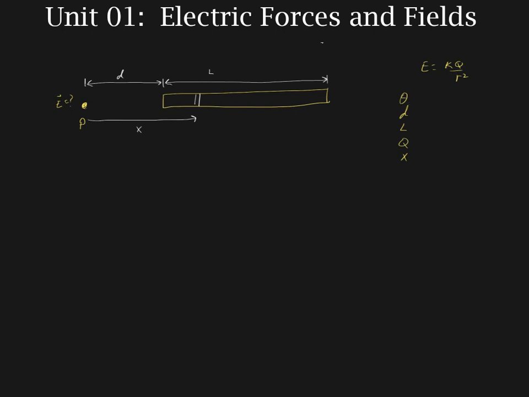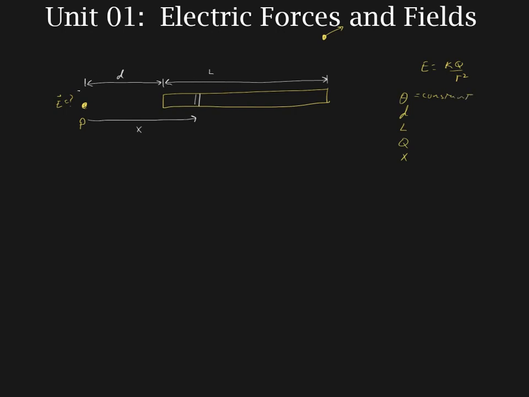What if we had a point that was located right here above the end of the rod? Now we have an electric field which points from this chunk, it points up and to the right. Okay, so I am going to throw theta into this list, but I think it should be obvious that as we go from one chunk to the next all along the way, theta is going to be equal to a constant.